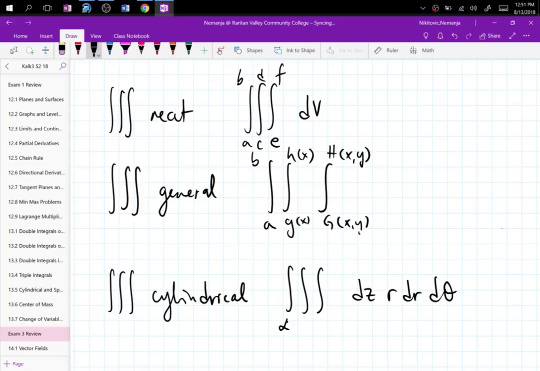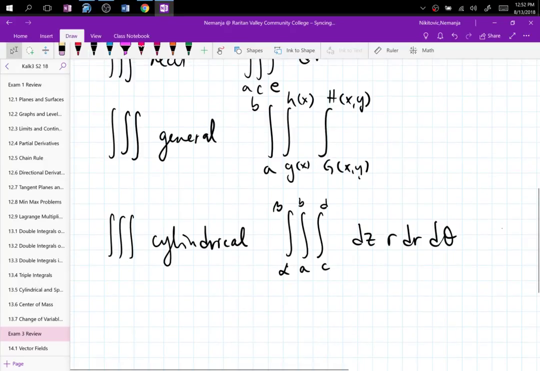So alpha and beta on the outside, and now you actually have the rectangular cylindrical and general cylindrical. Rectangular cylindrical is when you have A and B over here, right? And then you have C and D. But you also have a situation when those are functions.